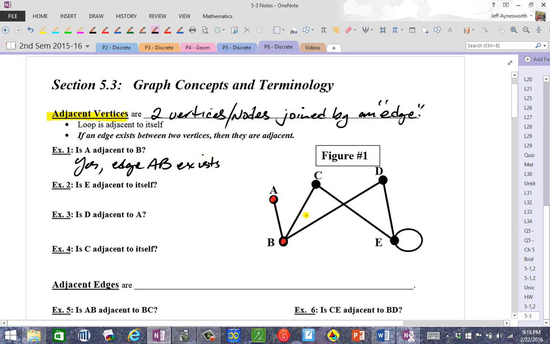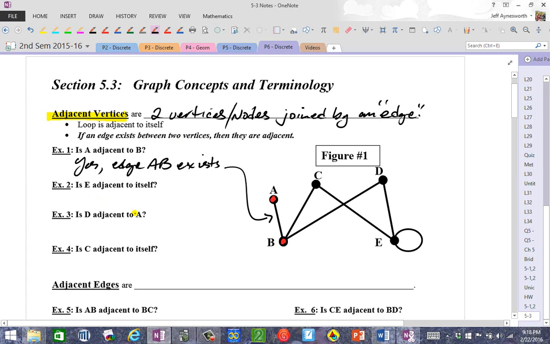That's the justification. If the edge exists, then A is connected to B, or we say A is adjacent to B. If this edge AB was not there, then I would say they're non-adjacent.